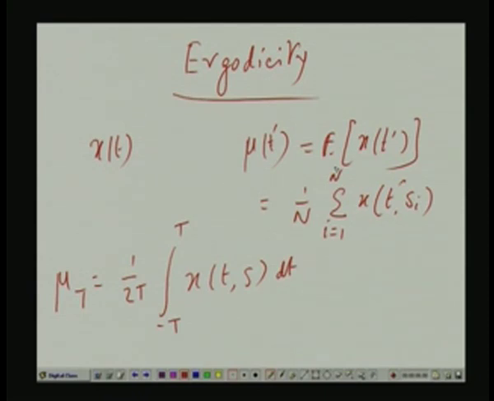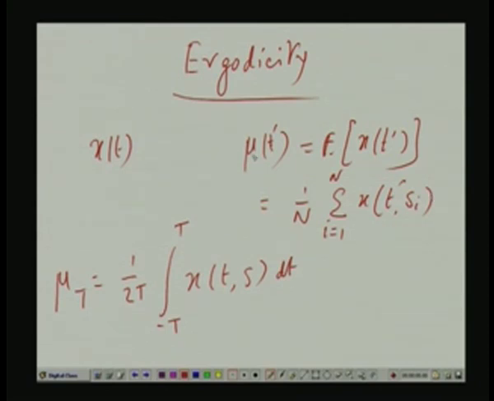Now, before we even consider such a possibility, you have to see one thing: if I really carry out this time average, I get a constant which is independent of time. That means, for this to be valid, the mean of the process should not depend on the particular time instant t prime where you are measuring. That means it should be constant at all points of time, which means it should be stationary in mean.